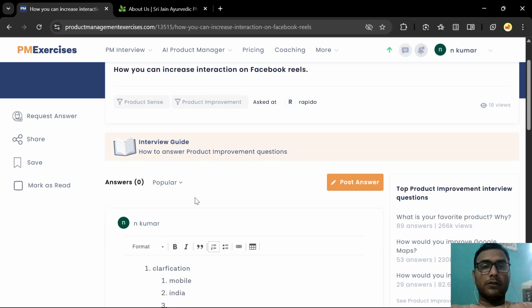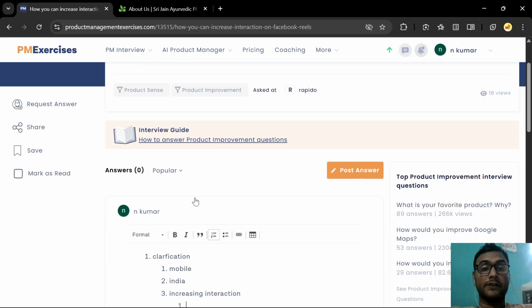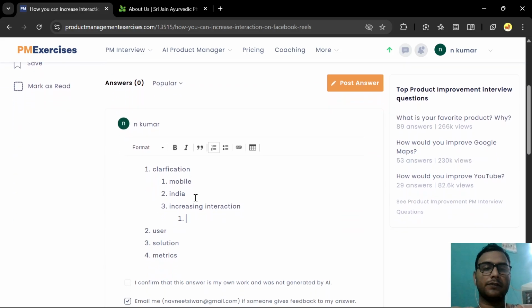Now the second point, toward the interaction part. Let us think, what do we mean by interaction? Interaction could mean multiple things. Let us say interaction could mean user engagement with the reels.